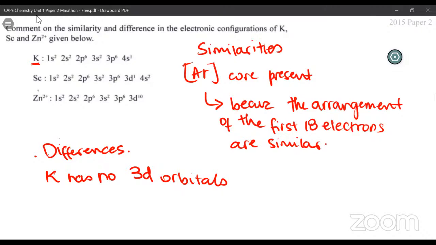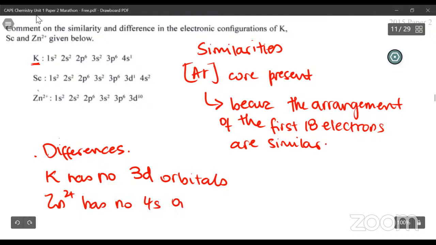So Zn2+ has no 4s orbitals, right? And I guess you get your marks for that because there were only like 3 things. I think it was a 3 marks question. So I don't think you had to write anything else to actually get all your marks. So that would be all right for you, and you get your marks and your grade is going to be good.